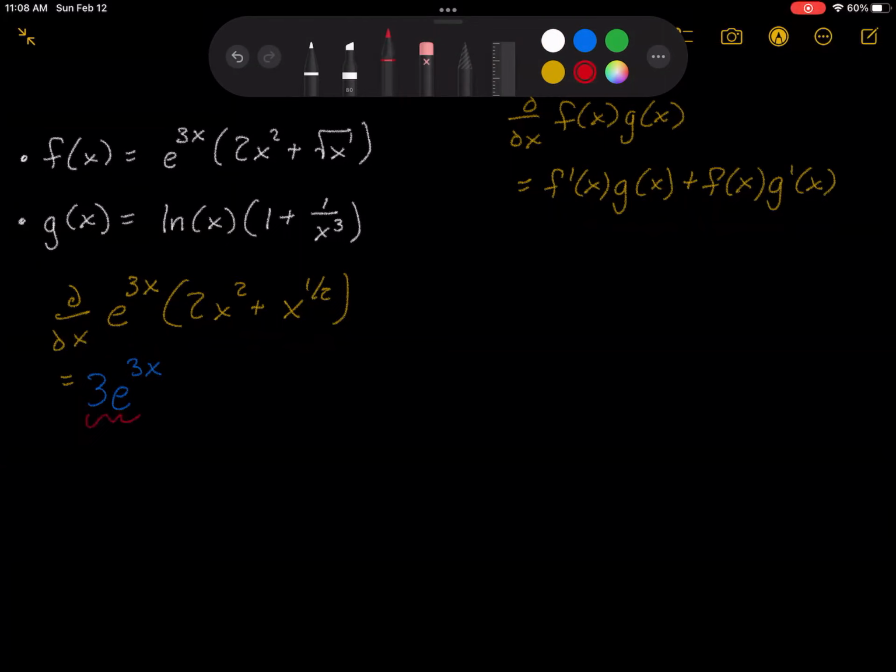This right here is the derivative of that term. Now, the product rule tells me to copy down the term that I have not differentiated yet. This right here is just a copy of that term.